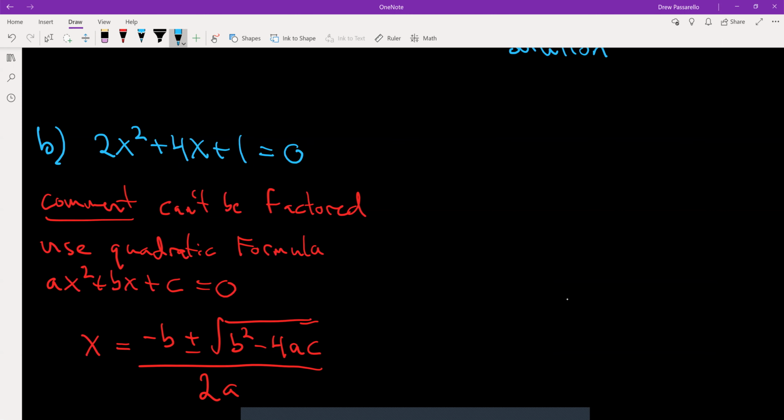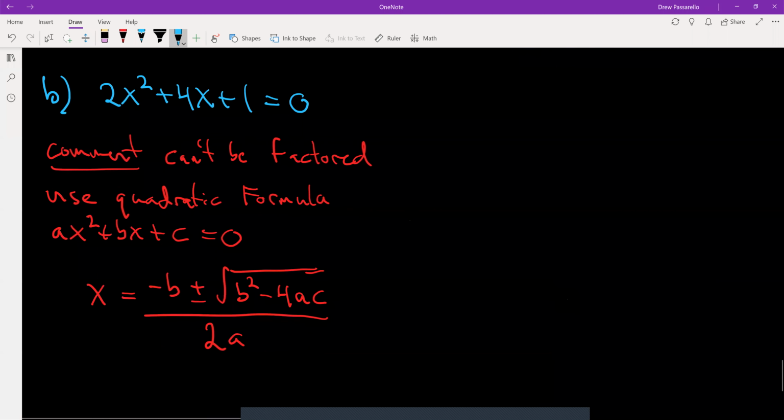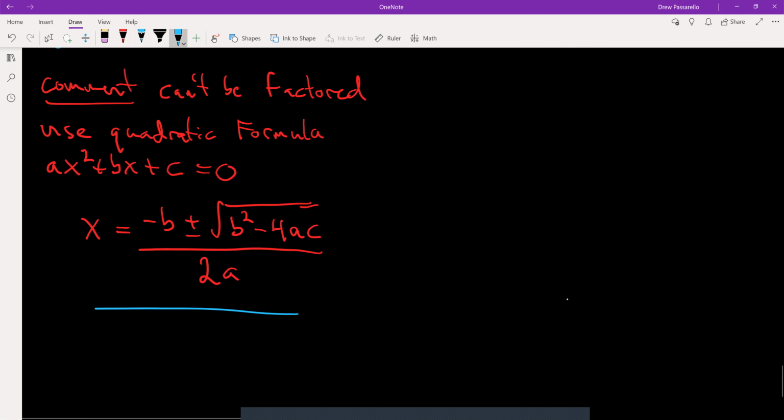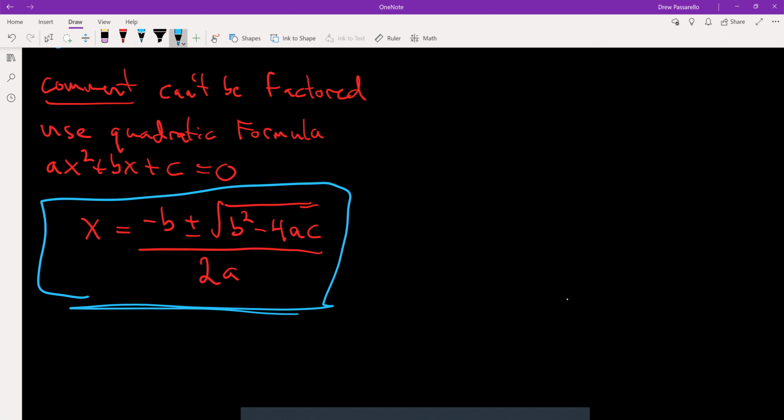I know earlier I did some examples where I was factoring, but this one you can't factor. Now, if you don't really know how to factor quadratic equations like this, you can always use the quadratic formula. It can always be applied. You don't necessarily need to know how to factor.